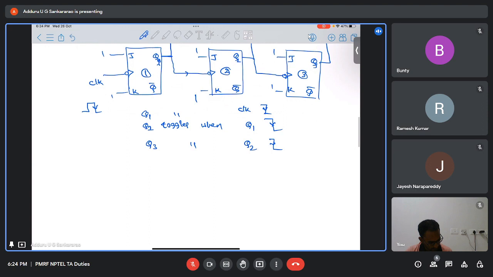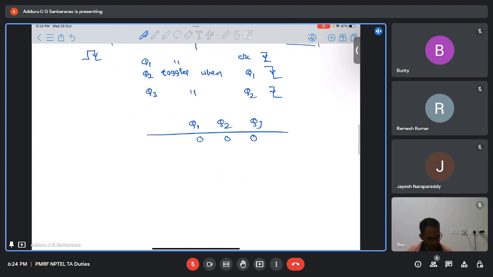Now let us say Q1, Q2, Q3 are the states. Initially, let us say the outputs of all the flip flops are 0, 0, 0. None of the clock pulses are applied. Let us say we have applied the first clock pulse. When the first clock pulse is applied, what will happen?